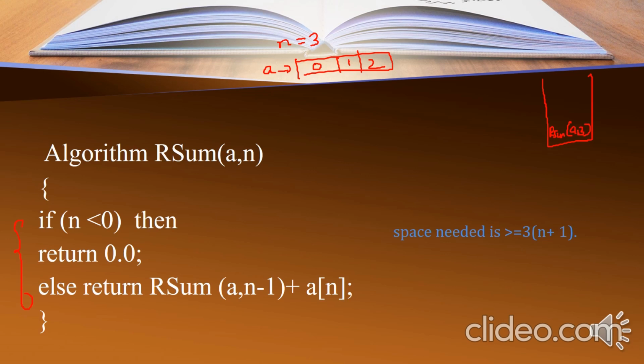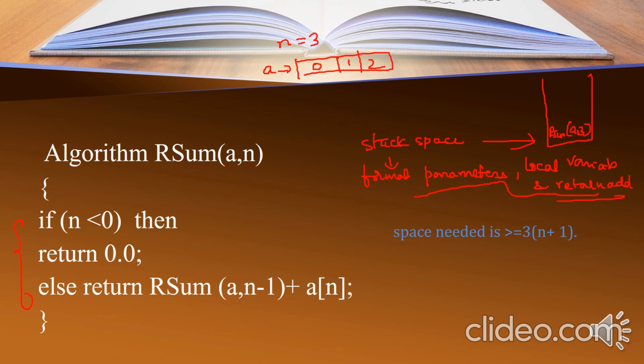As soon as that will be called, what happens? As soon as this will be called, the internal stack space, this stack space includes formal parameters, whatever you are sending, local variables, and return address.